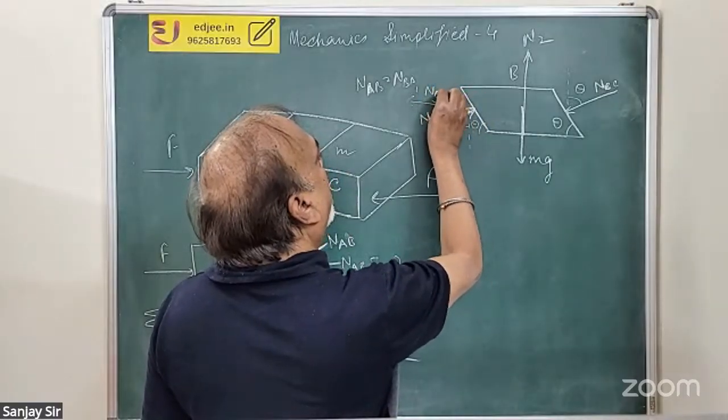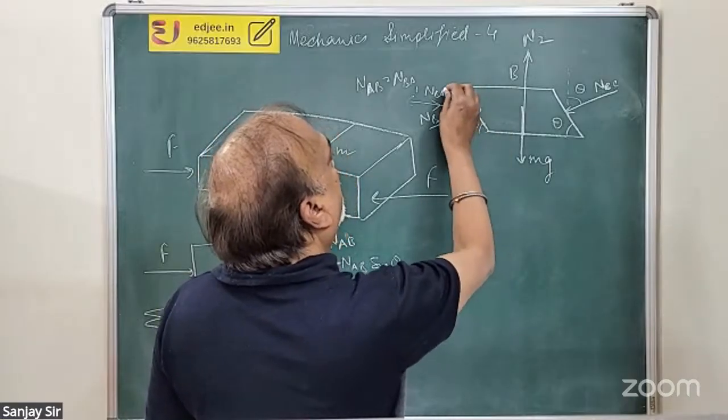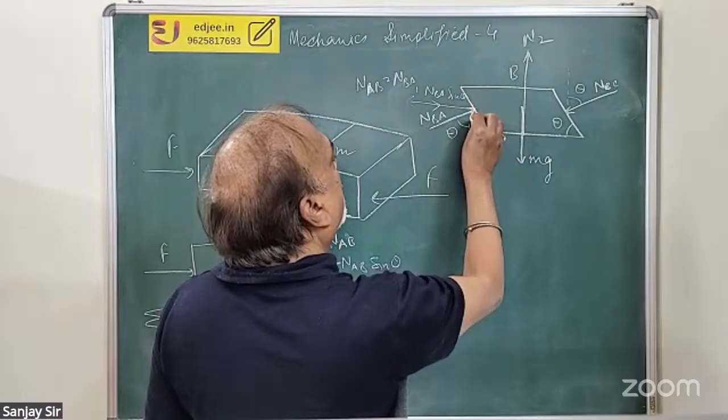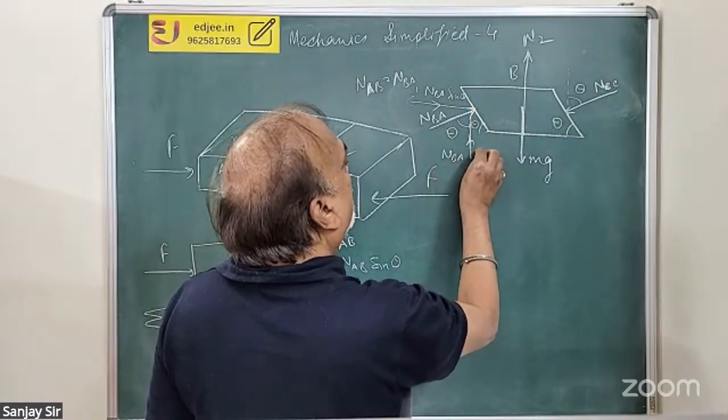NBA sine theta, and this is NBA cos theta.